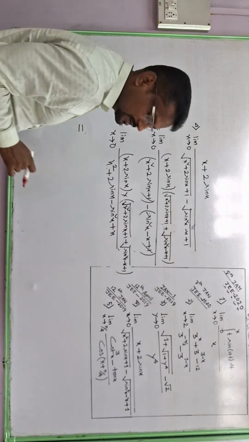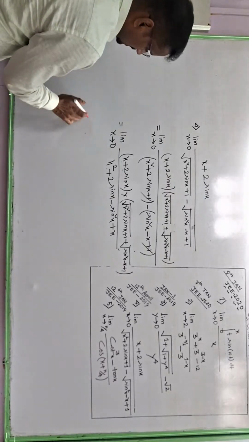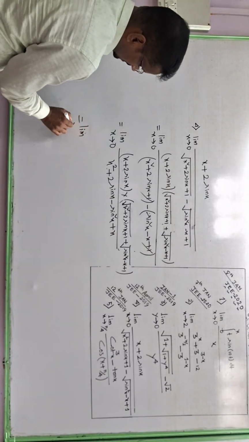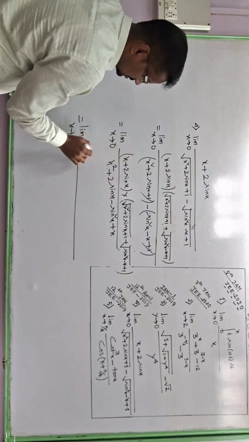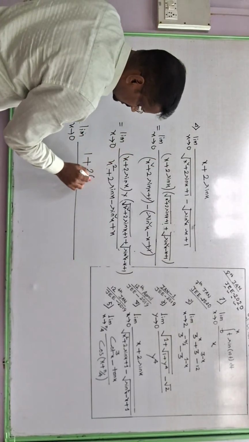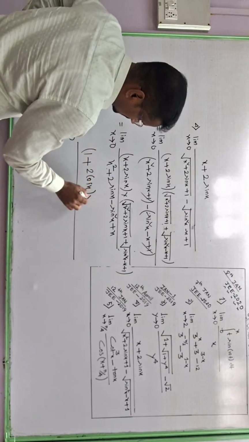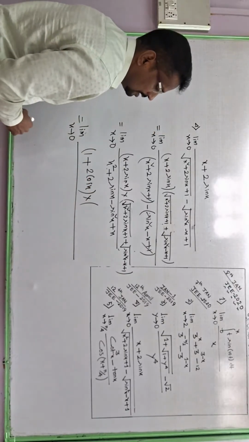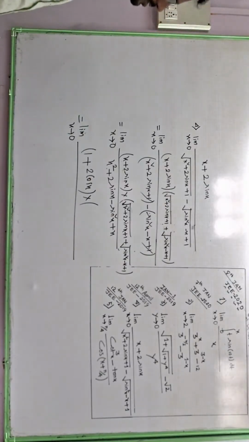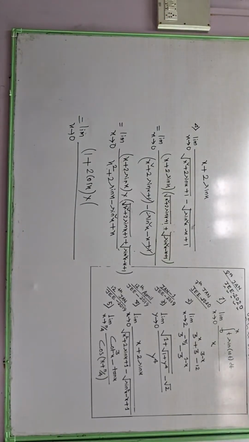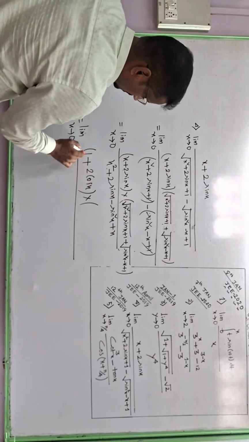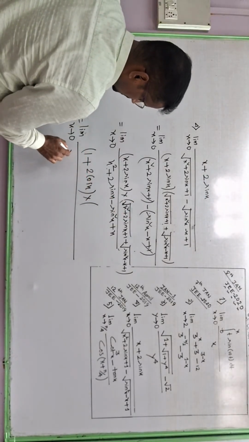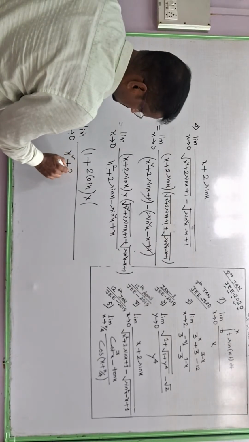Now you can use L'Hospital's rule. So if you use L'Hospital's rule, limit x tends to 0, derivative of this is 1 plus 2 cos x, by x square plus 2 sin x.